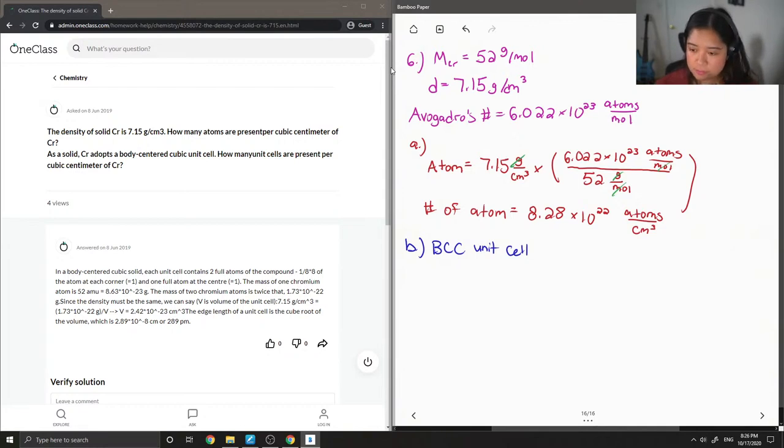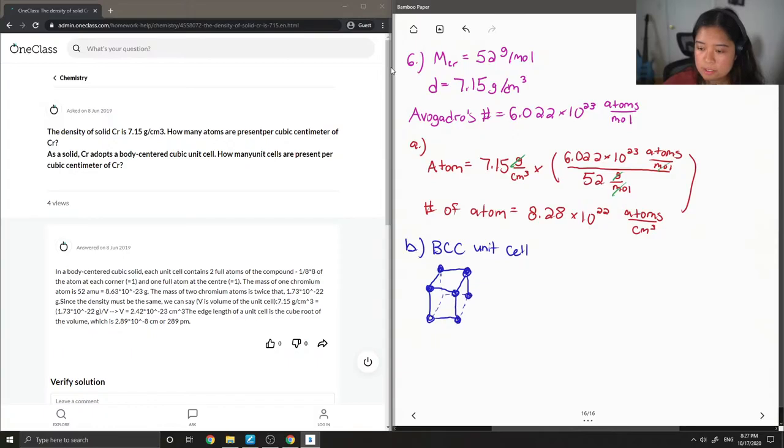I'm always really bad at drawing these, but basically you have your cube, and then these are all of the atoms in each corner here.